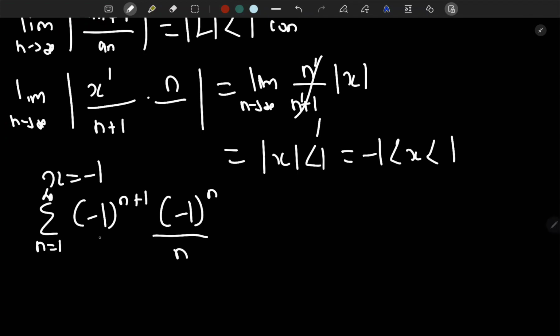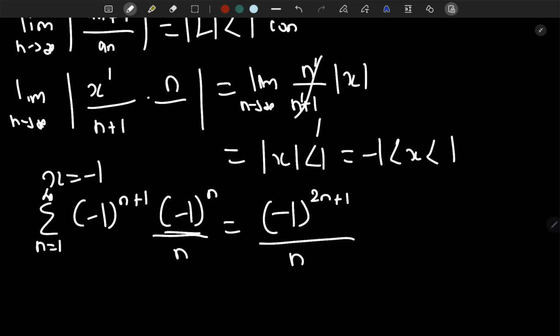What we can do here is, both of the bases are the same, right? So we can add the powers here. So let's rewrite it as negative 1 to the power of 2n plus 1 over n. Now I want you guys to notice something over here. We have n is equal to 1 all the way to infinity, and here we have 2n plus 1. So let's start by replacing n with 1.